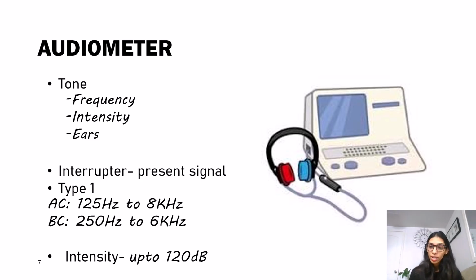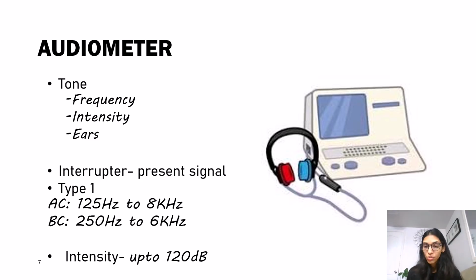And intensity we can vary from -10 to 120 decibels, and also we can switch between ears. You can present the tone to the right ear alone or the left ear alone, or you can present it bilaterally. And there are interrupter switches which you can manipulate to present the stimulus.